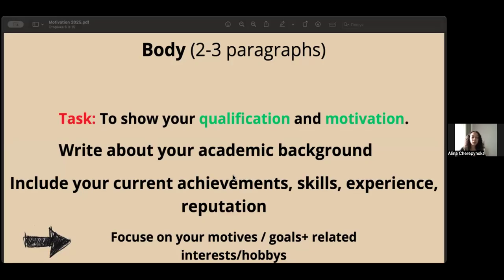That's my sincere advice because you just waste time, you will have irrelevant sentences, but no success. That is why, in case of your interests and hobbies, it's better to include everything that connects directly with your motivation, or, for example, the study program you're applying for. That will be much better.